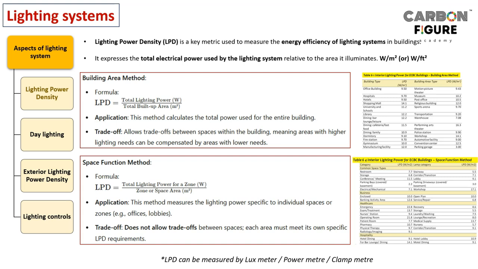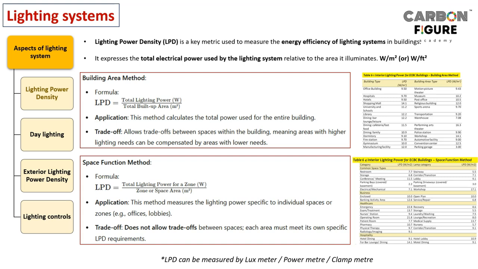So post office, transportation, warehouse, because it's building area method, we can come up with only different types of buildings, all together, right? In the bottom table we have the interior lighting power for ECBC buildings, which is the space function method.